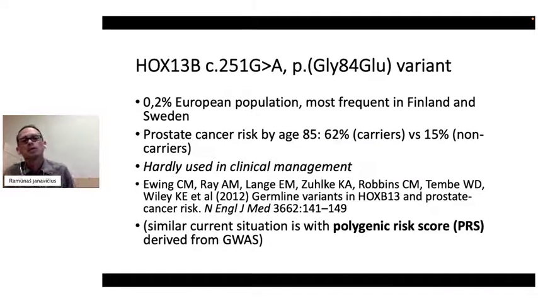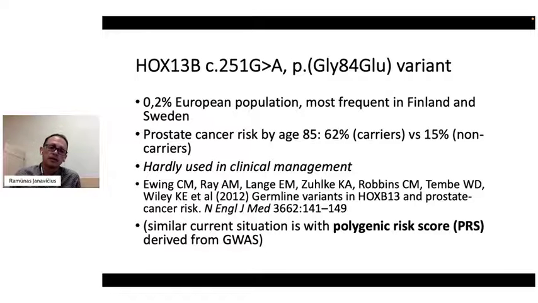HOXB13 was the first actually prostate cancer specific gene, identified in 2012, and it was found most frequently in Scandinavian populations, with 0.2 overall distribution, and a man with this variant has 62% absolute prostate cancer risk versus 15% for non-carriers.